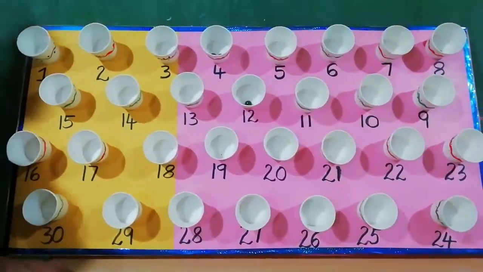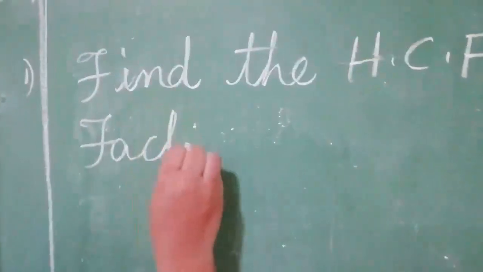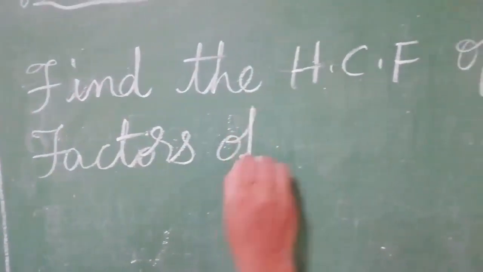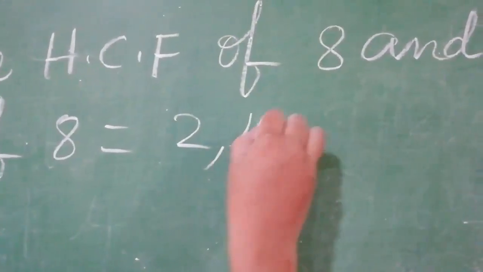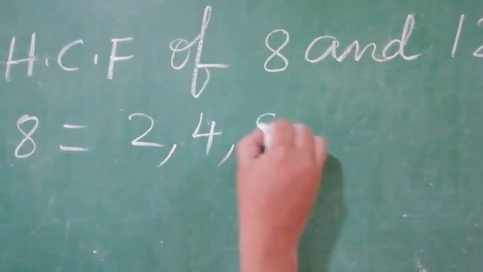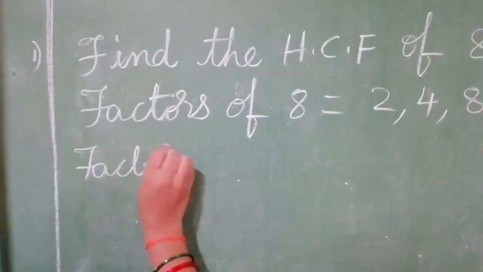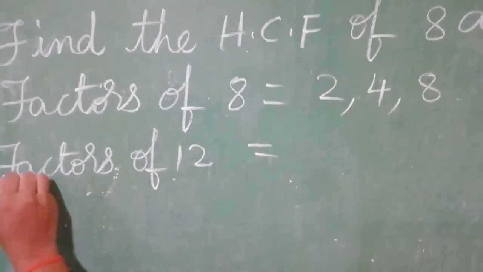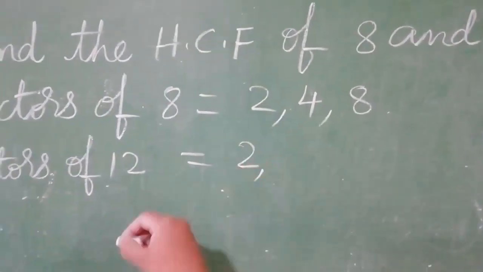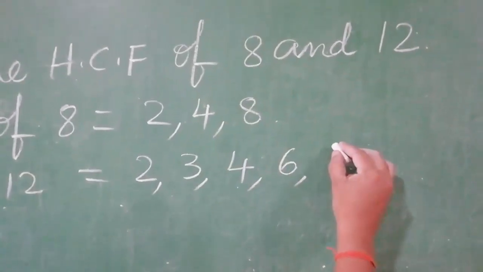Now I do the sum on the board. See, first we write the factors of 8: 2, 4, 8. Next, factors of 12: 2, 3, 4, 6, 12.